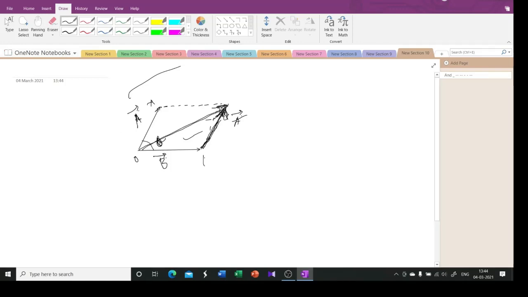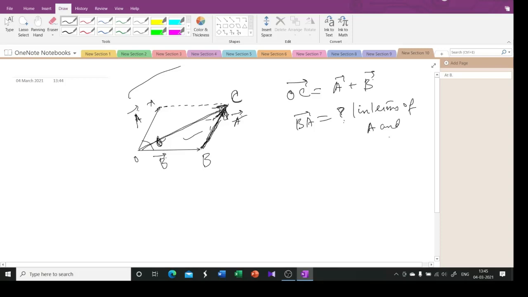This was our parallelogram, right? So OC represents what? Vector A plus vector B. What does AB represent? Or let's say BA represents. What is BA in terms of A and B? Just give it a thought.